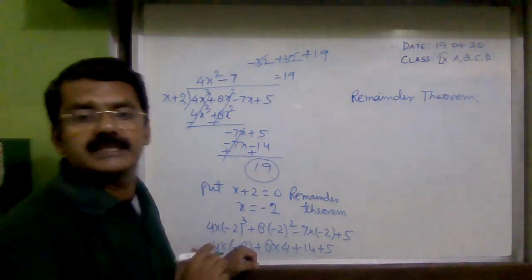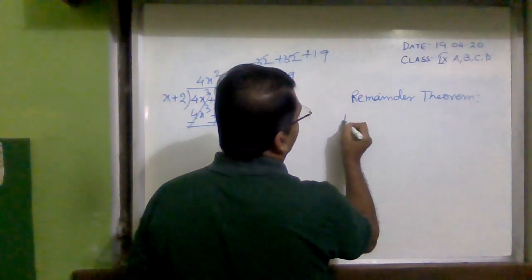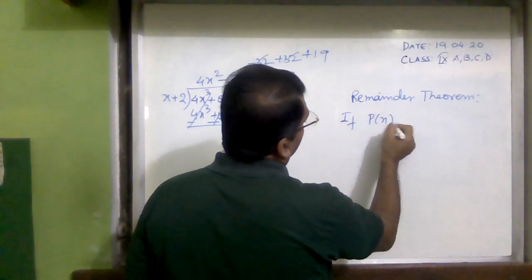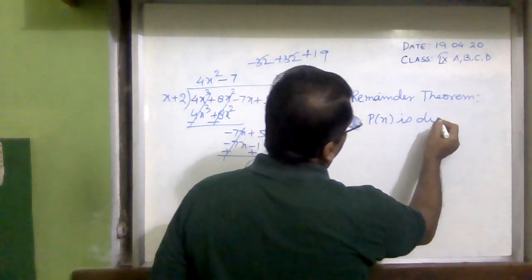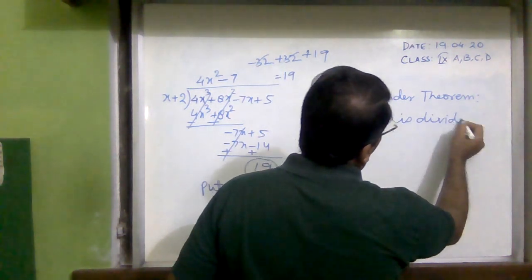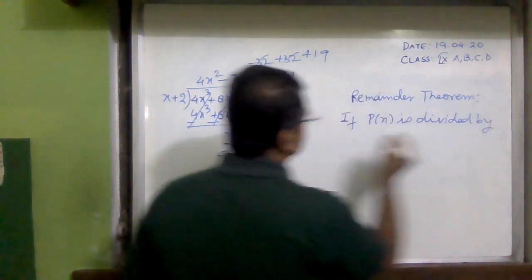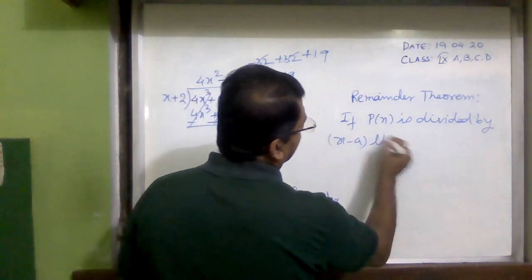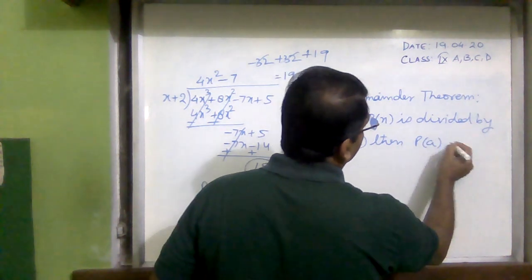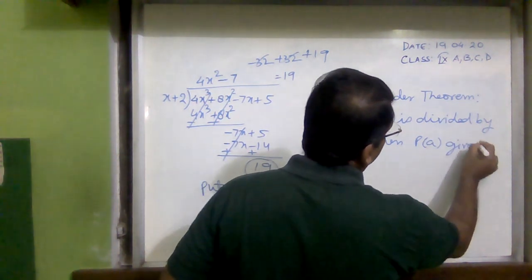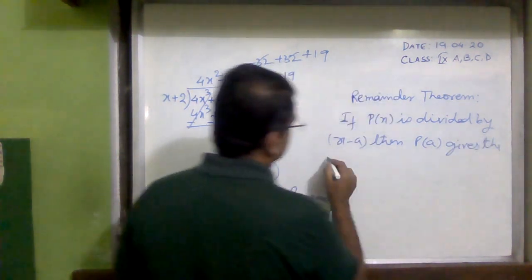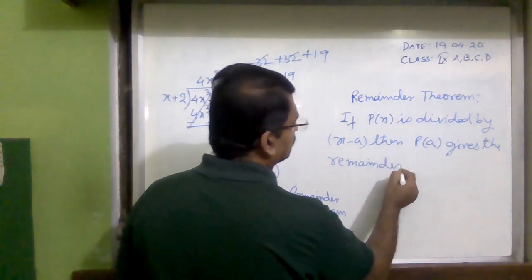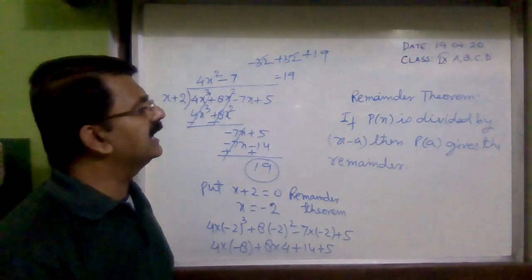Remainder theorem says if p(x) is divided by x minus a, then p(a) gives the remainder.